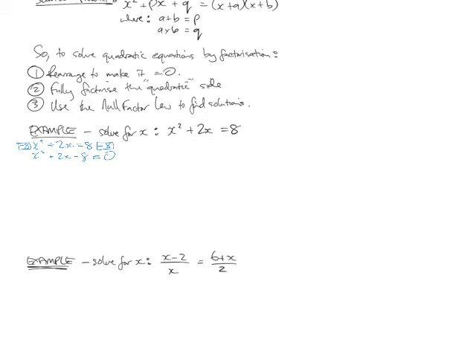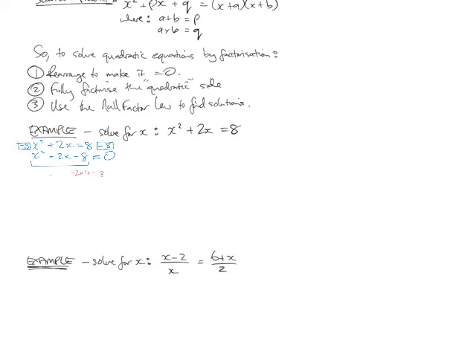I need to factorize this side now. What methods can I use? I always try sum and product first. So, two numbers that I can multiply together to make negative 8, and also add together to make positive 2. What are the factors of negative 8? Let's try negative 2 times 4 is equal to negative 8.